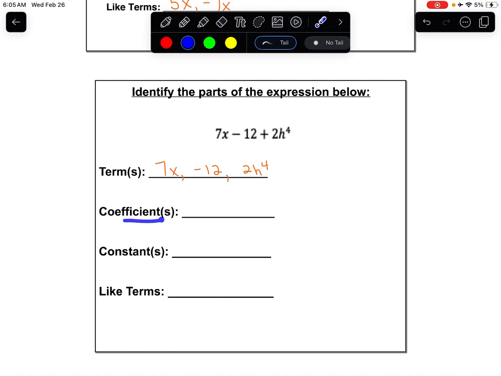Okay, next we're looking at our coefficients. Remember, a coefficient is a term that has a number and a variable together, but the coefficient is just the number in front of the variable. So here we have a number and a variable together, and here we have a number and a variable together. So our first coefficient is 7. Our second coefficient is 2. We're just listing the number in front of the variable.